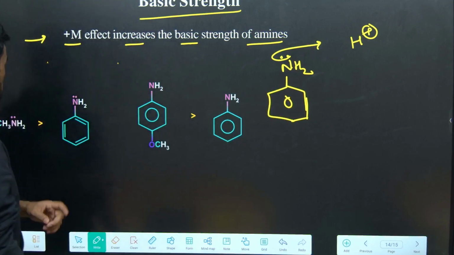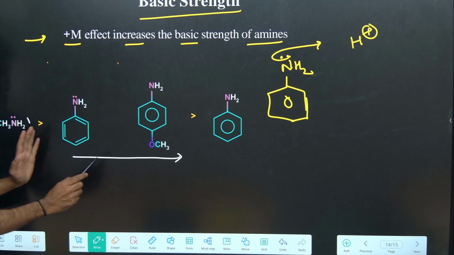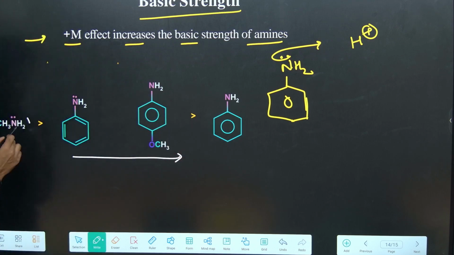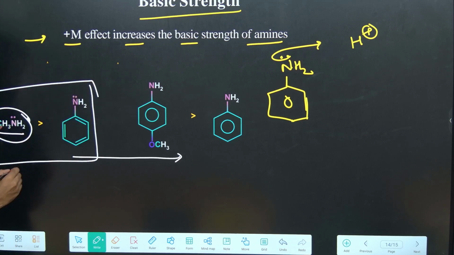Okay, now let us say these are aliphatic amines, and these are aromatic amines. See, benzene ring containing amines are aromatic amines, and this is an alkyl group containing amine, which is an aliphatic amine. So always remember aliphatic amines are more basic than aromatic amines. That's why in these two examples the aliphatic amine has more basic nature than the aromatic amine.